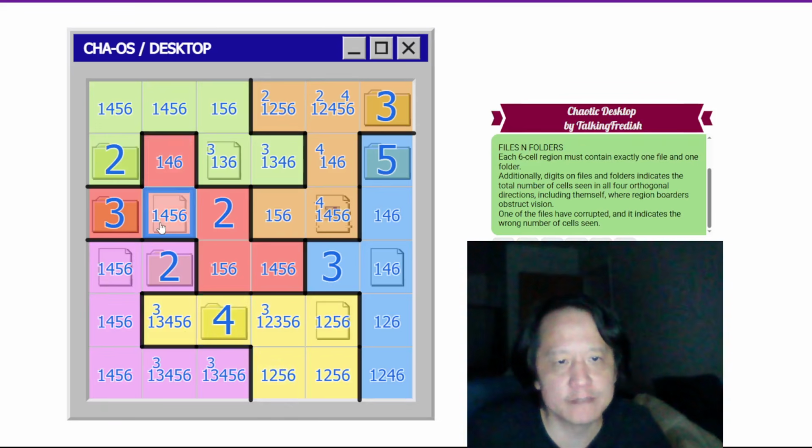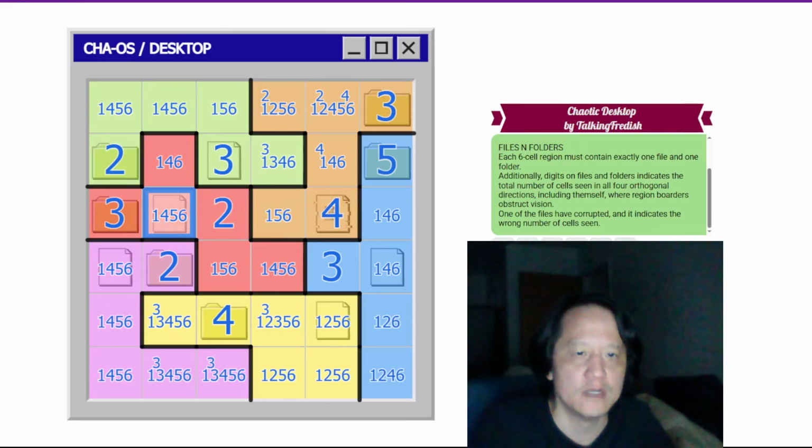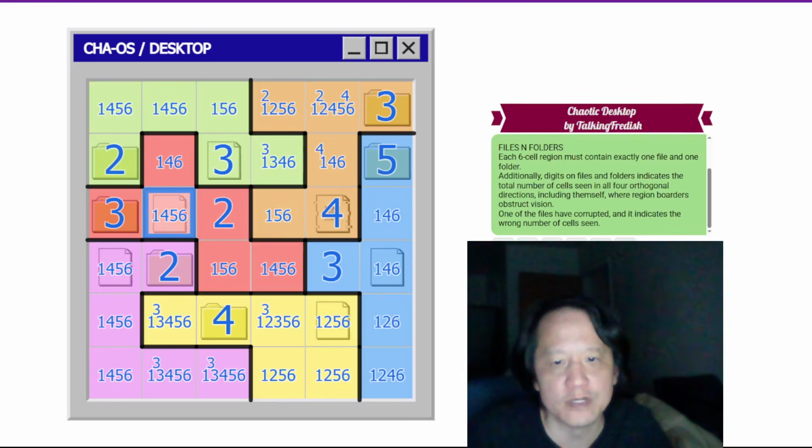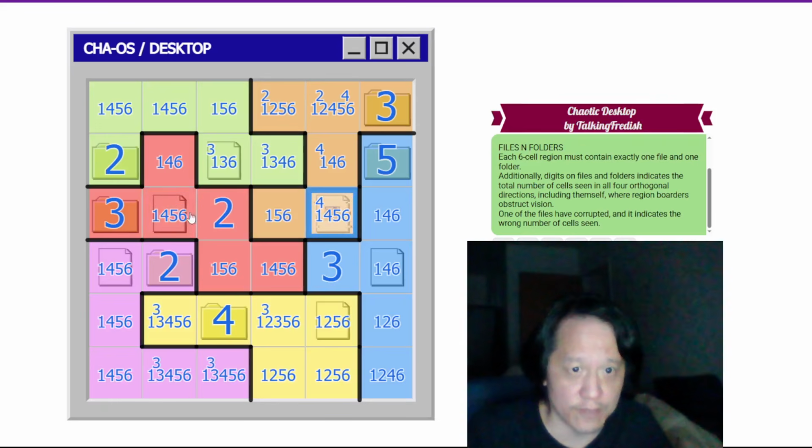Okay, so let's mark the ones with... Okay, so if it's not corrupted, that's 3. If this is not corrupted, it's 4. Oh, okay, so one of these has to be corrupted. There we go. So one of these files is not a 4.